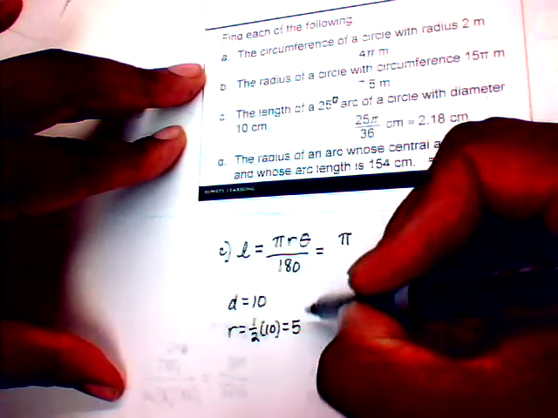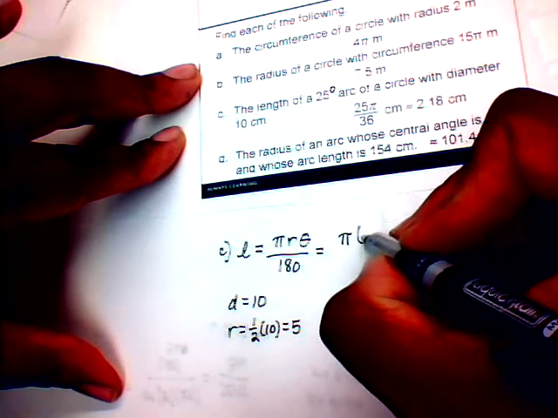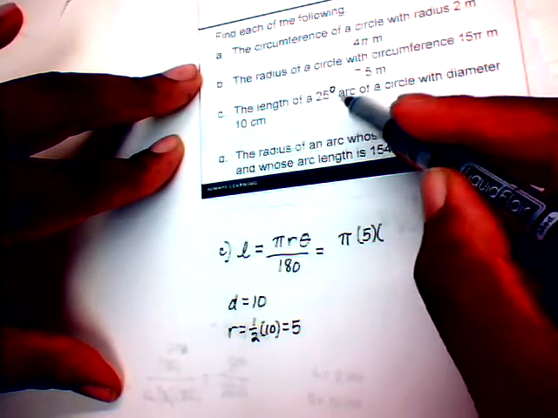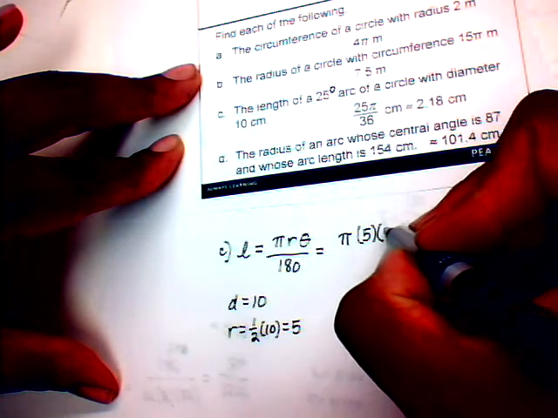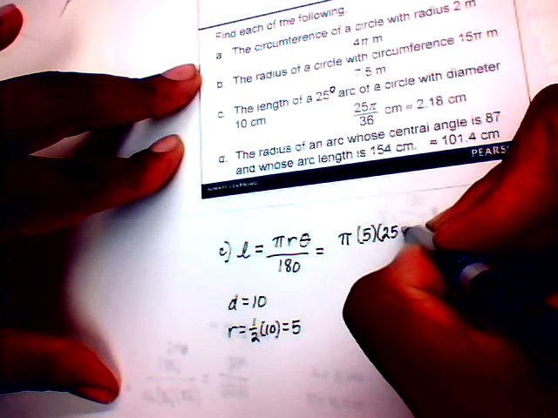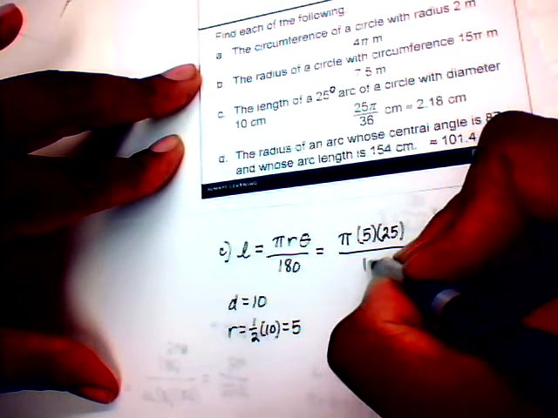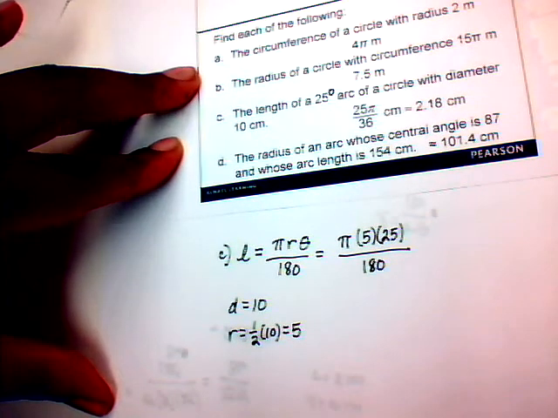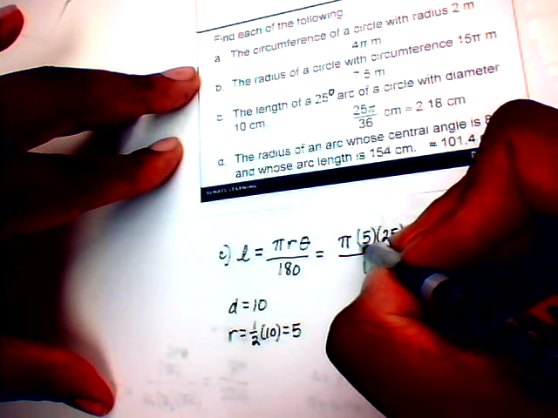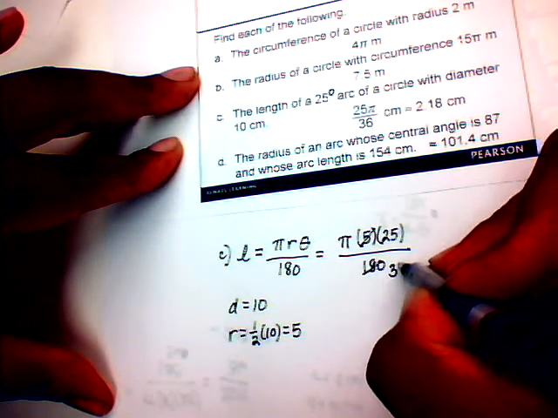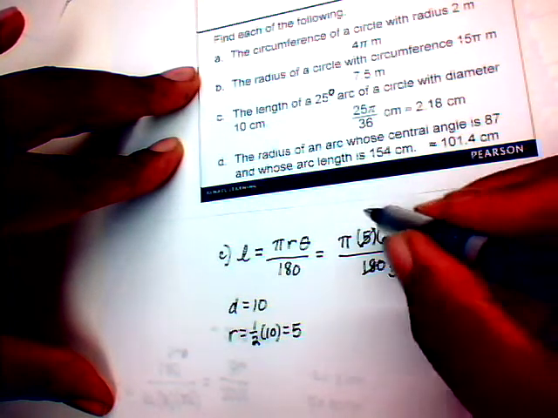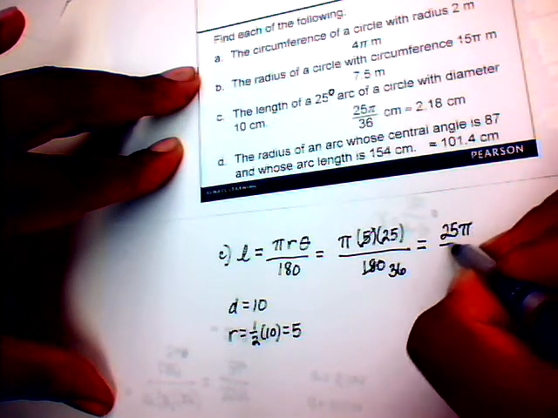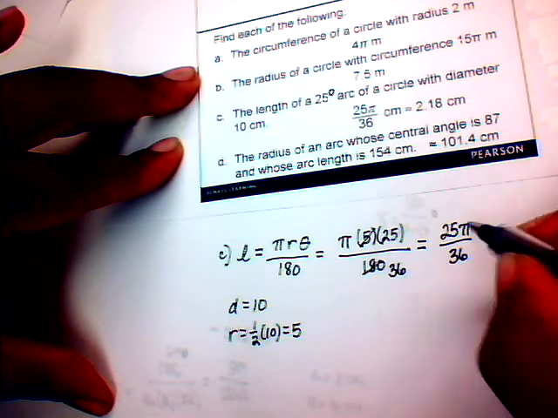So in this case here, the r this time is 5, so we have pi times 5 times, we have a 25-degree arc, so that's your angle measure, theta, 25, all that's over 180. Now if we simplify this, if I divide 5 into 180, that's going to go 36 times. And then pi times 25 will be 25 pi divided by 36.